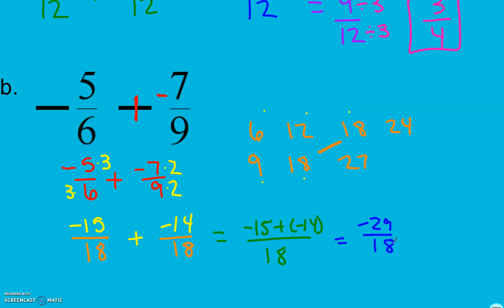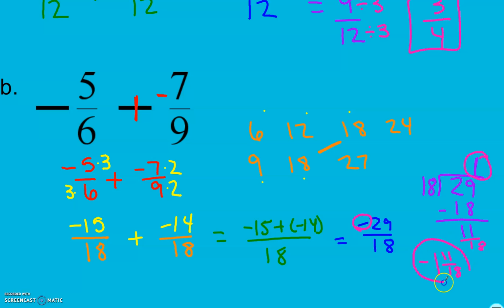Now, we don't want to leave this as an improper fraction. My numerator is bigger than my denominator. So the first thing I'm going to do is divide. 18 goes into 29 once. And we don't worry about our sign here. Remember, that's kind of like a label. We'll add that later. And 11 is my remainder. So now we have negative 1 and 11 over 18.